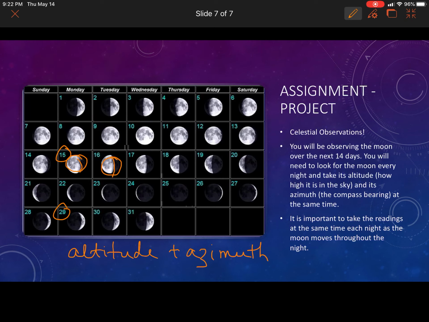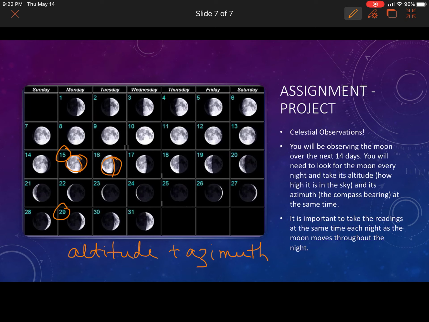Certain nights, unfortunately, you won't be able to see the moon. If it's cloudy, you may not be able to see it, or for other reasons as well. If that happens, you're just going to write that down. Indicate that it was too cloudy, and you did not see the moon. I actually did this project one year with a class of grade 7s, and it was cloudy for 10 of the 14 days.